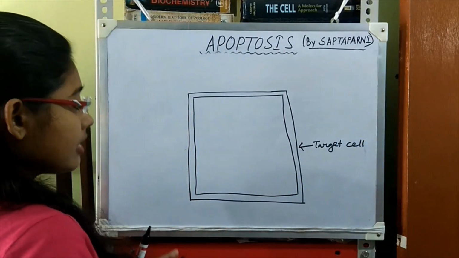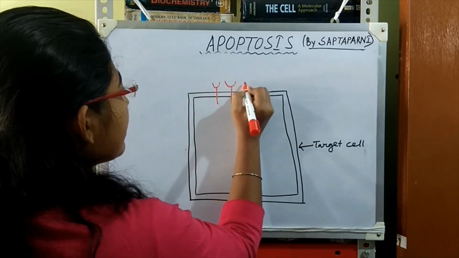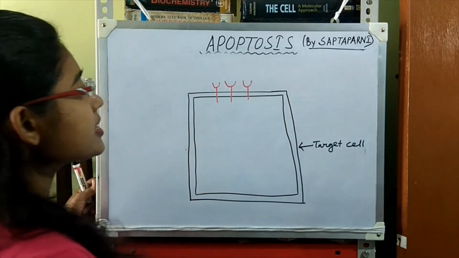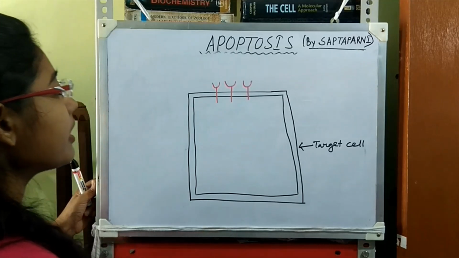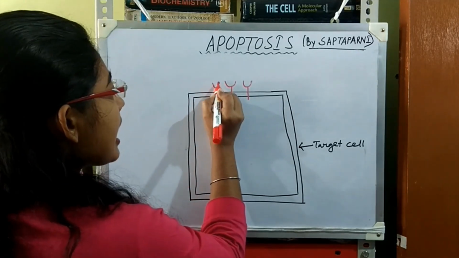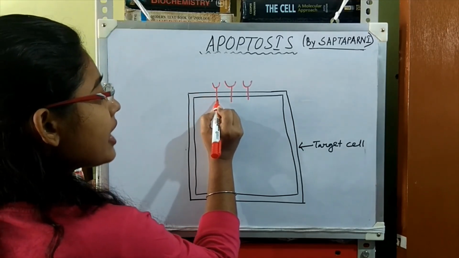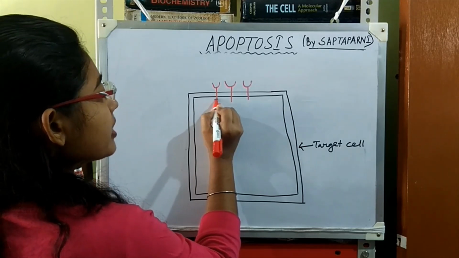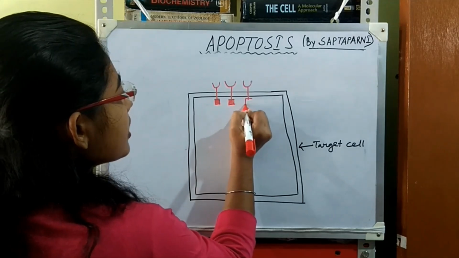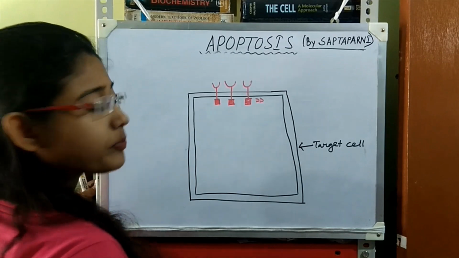So, on the cell membrane of the target cell, these are the death receptors, okay? Death receptors are present. They are homotrimers. Death receptors have three domains: an extracellular receptor binding domain, then a transmembrane domain, and then a cytosolic death domain. This red colored cytosolic or intracellular domain is known as the death domain or DD.